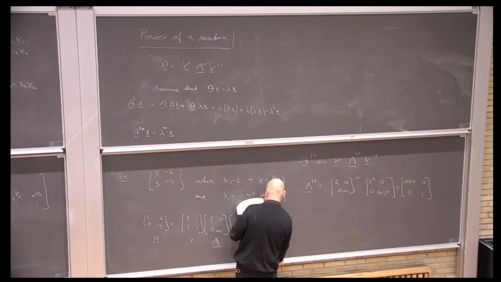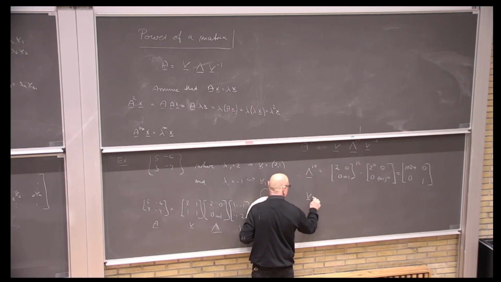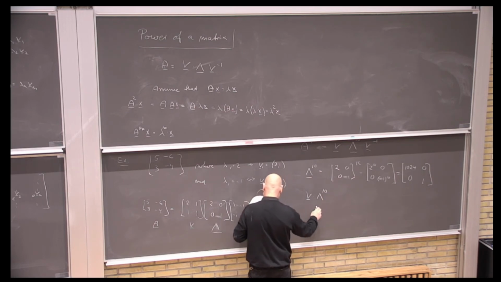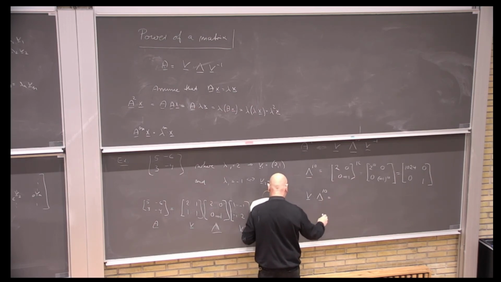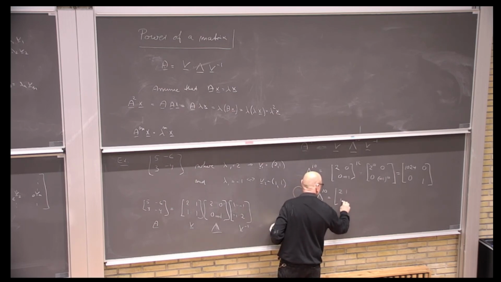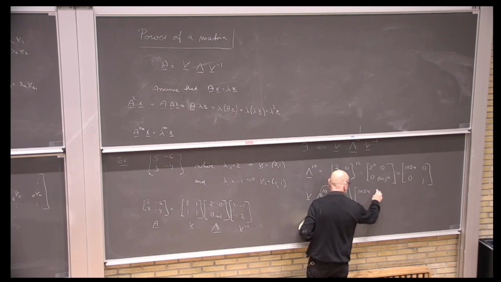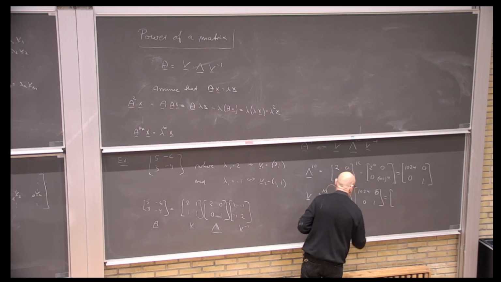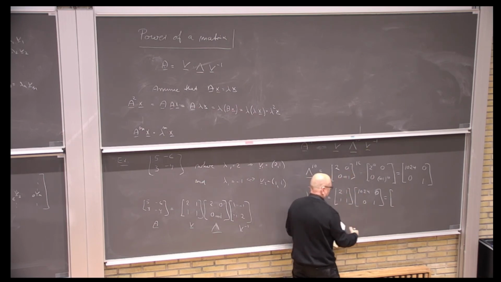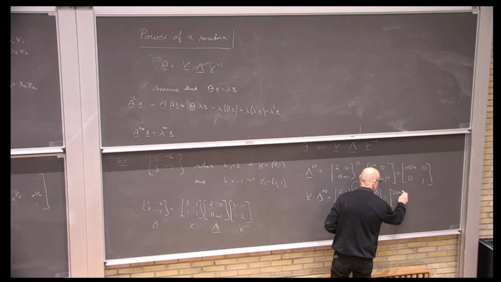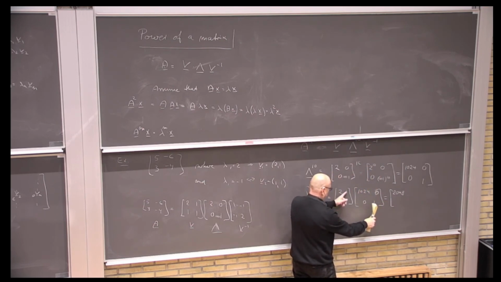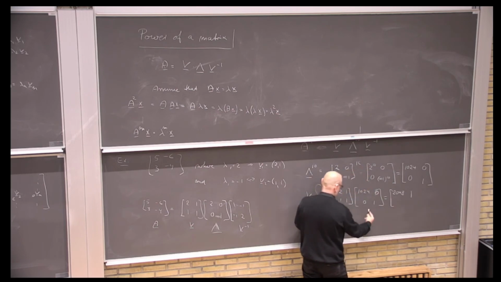And then if I multiply in front with the matrix with the eigenvectors, I get 2, 1, 1, 1. And then this matrix 1, 0, 0, 1. And here you get 2048, and here you get 1.